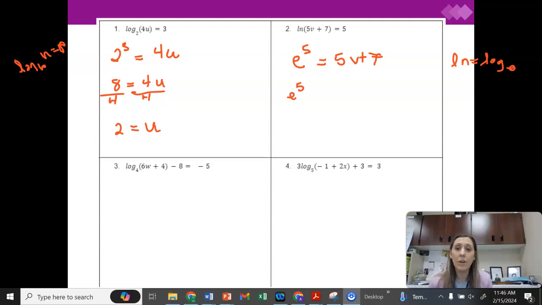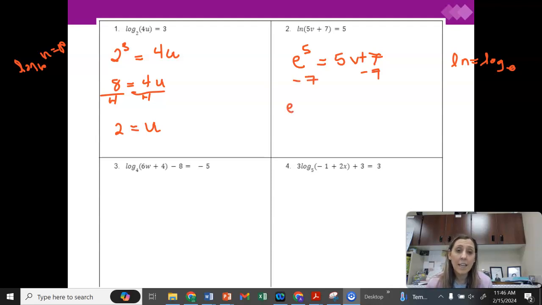Now we want to isolate our variable because e to the 5th isn't an easy number. Again, if this were the part of the test where you could use a calculator, I would just evaluate it, but we're not going to. So we're going to leave it as e to the 5th, and we want to subtract 7 from both sides.